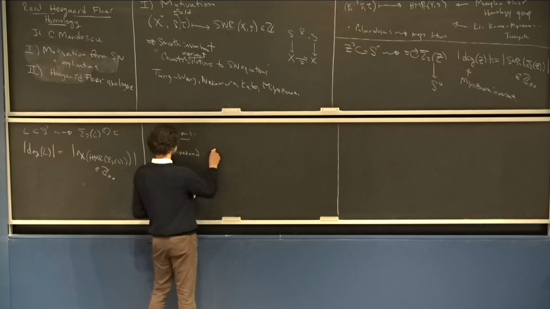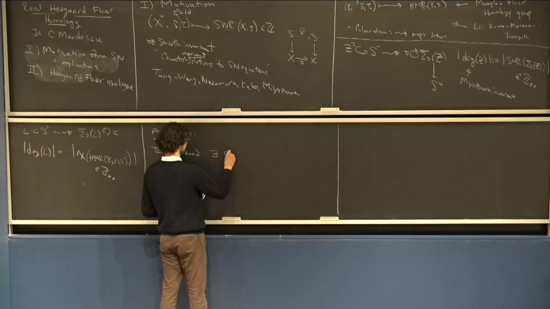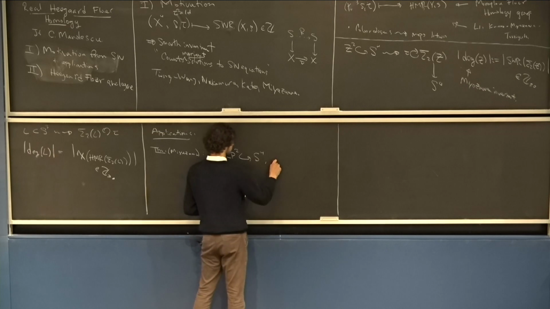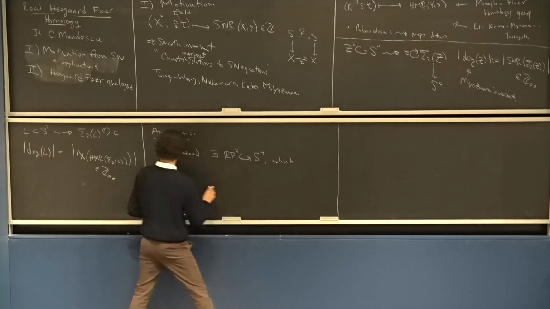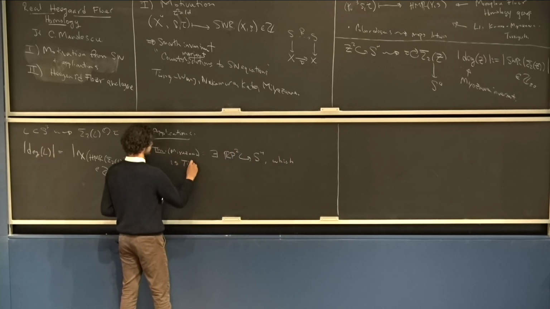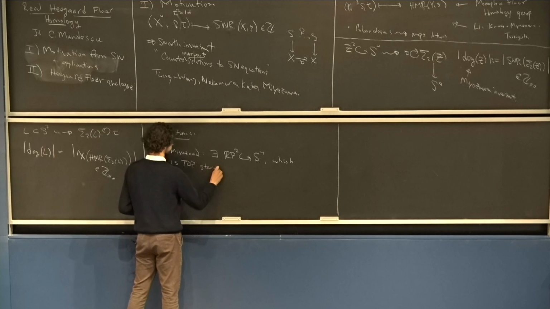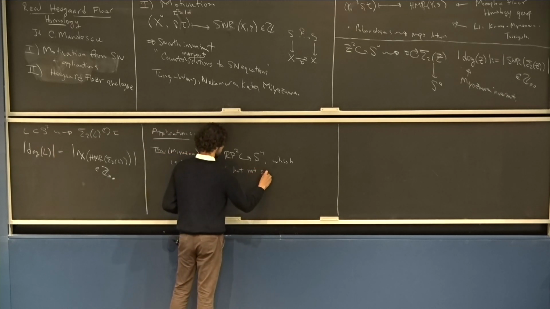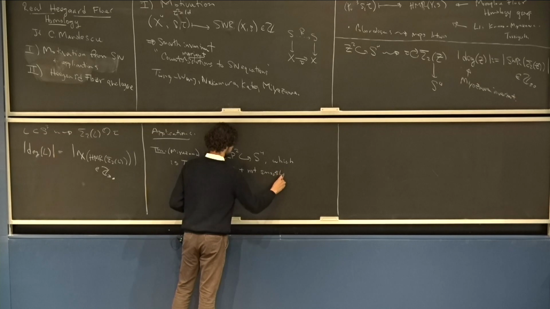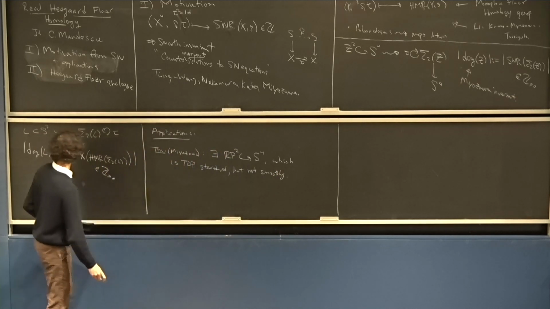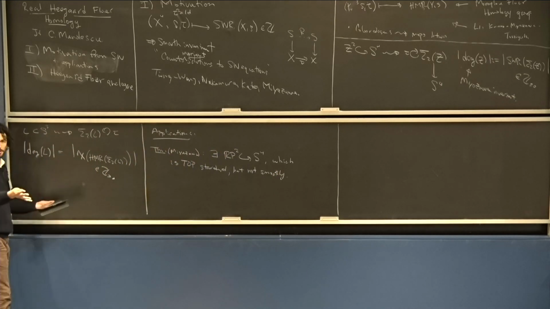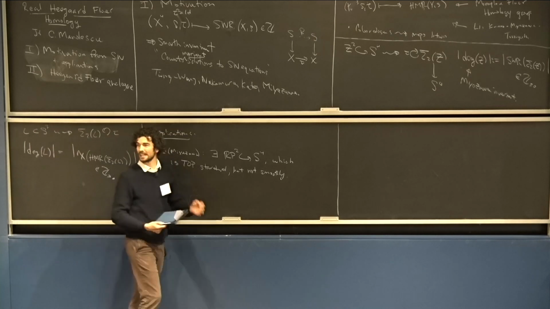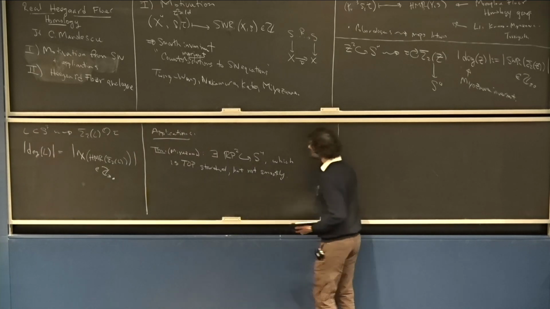And he proves that there exists some embedding of RP2 into S4, which is topologically standard, but not smoothly. And he does this by using this invariant here. It's a nice argument. Let me sketch roughly how this goes.